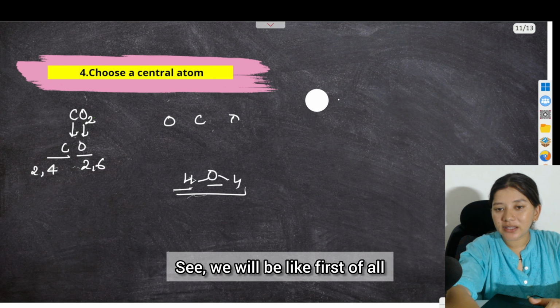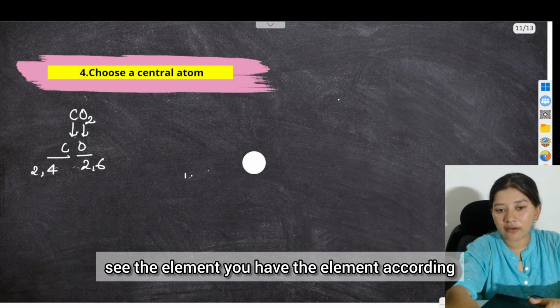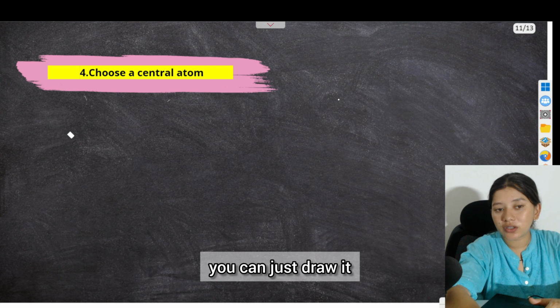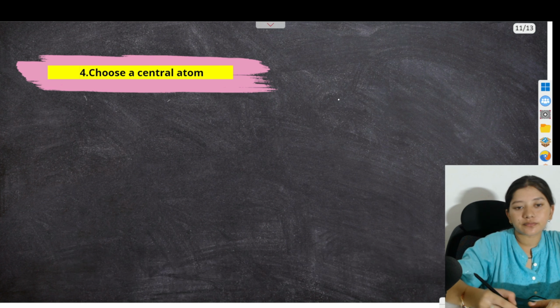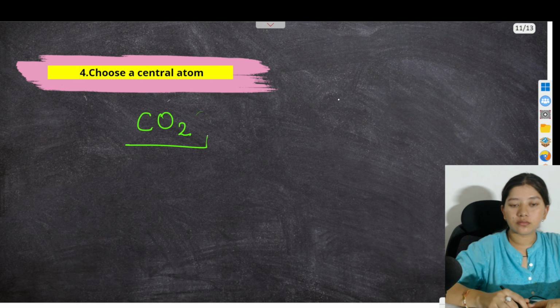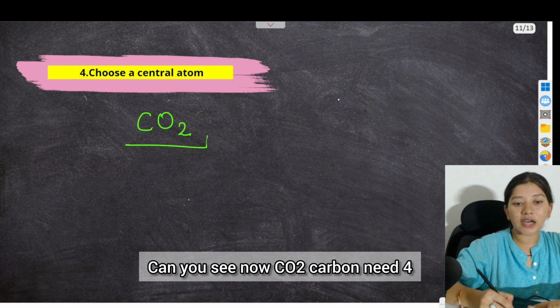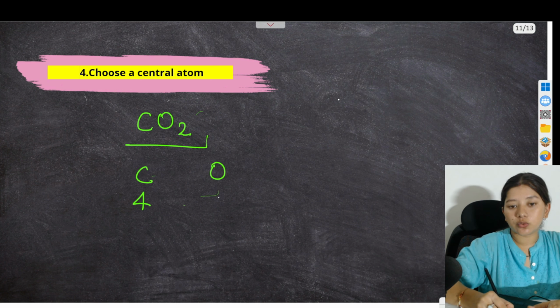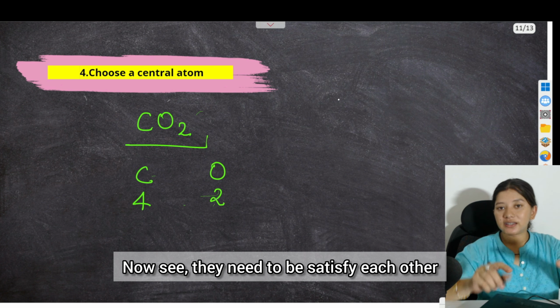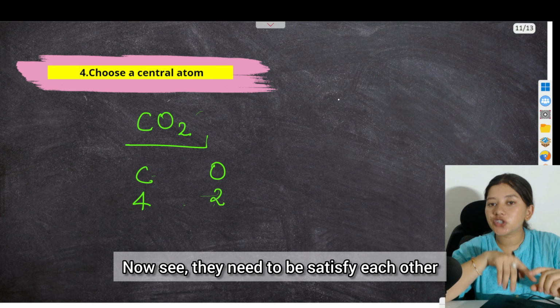See, first of all, look at the elements you have. According to the elements you have, you can just draw it. For example, the same example we have taken, that is CO2. I have the molecule of CO2. Can you see? Now in CO2, carbon needs 4 more electrons, oxygen needs 2. Now see, they need to satisfy each other.